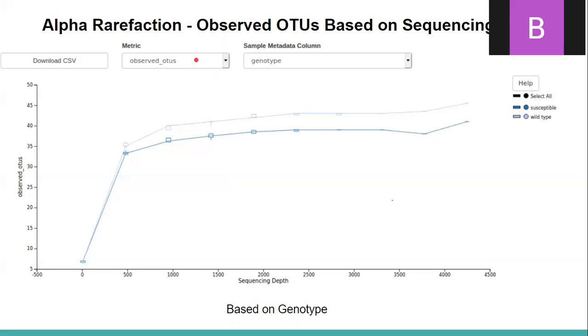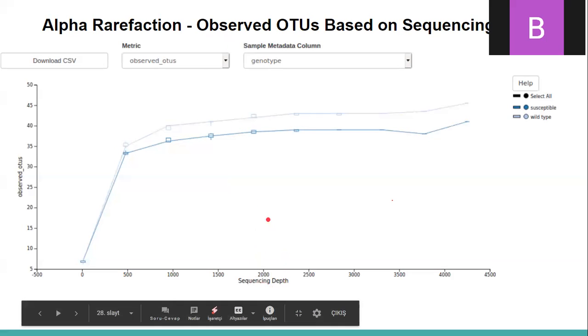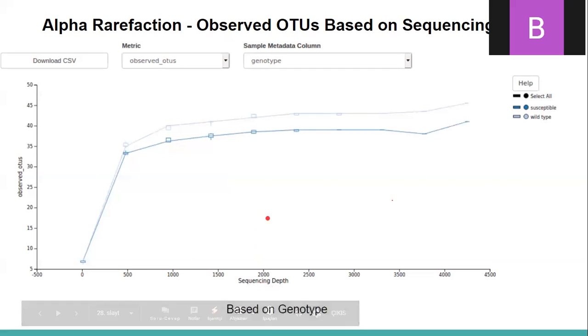This graph differentiates our samples based on the genotype of the mice, and we can see that the observed OTUs stopped between 2000 and 2500 or so, but most were observed until the 500 sequence count.